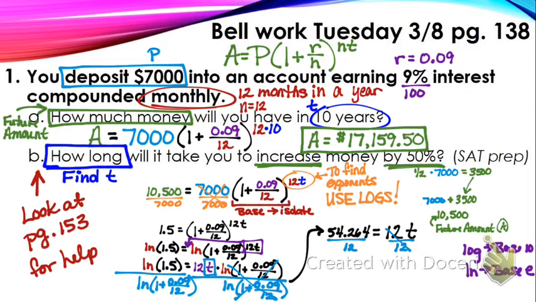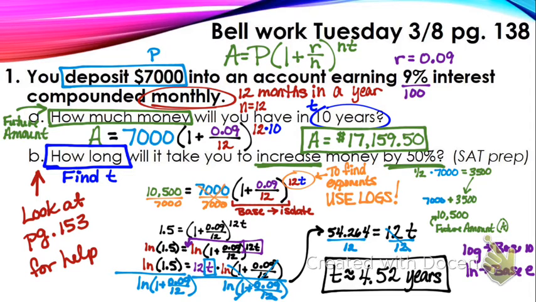And we get that t is right about what? 4.52. What kind of units should we put on that? Years. Remember, our question was how long, and investments are usually not just a couple days, a couple weeks, or a couple months. They do this long term, so we measure our time in years.